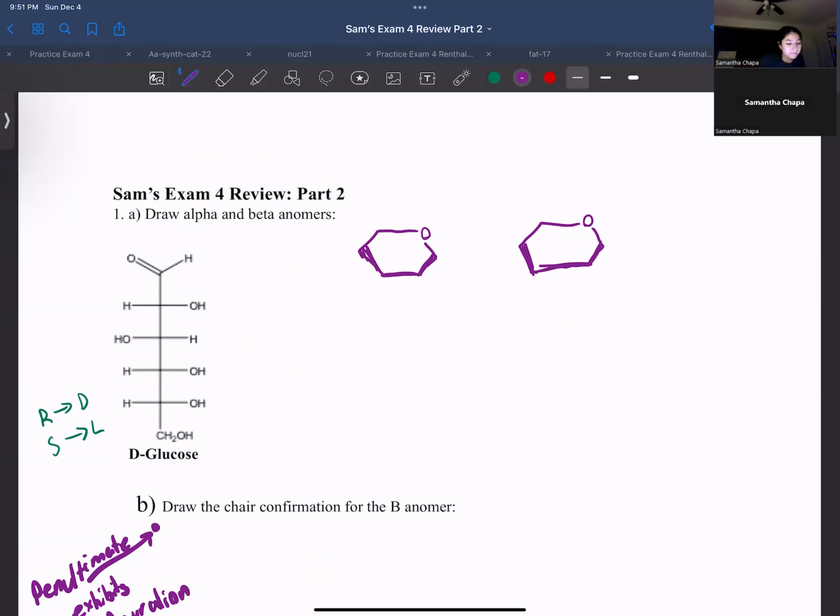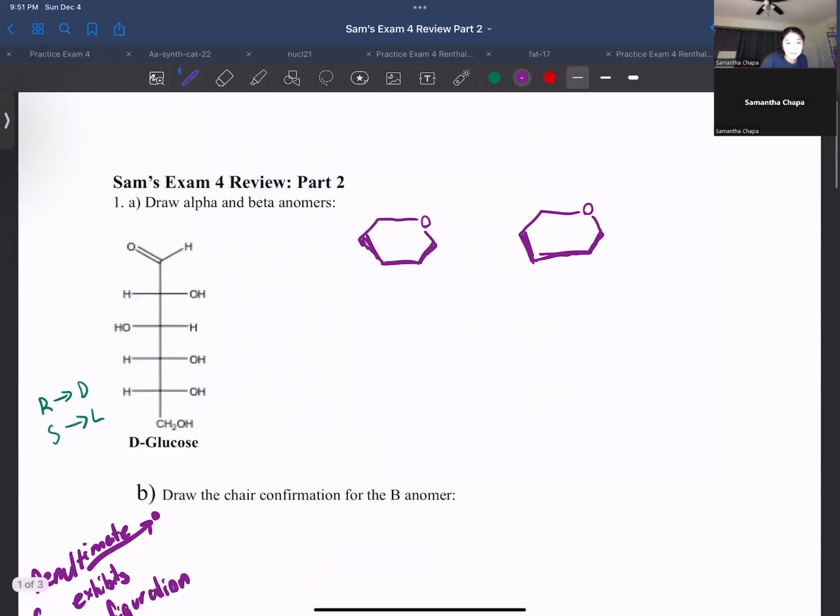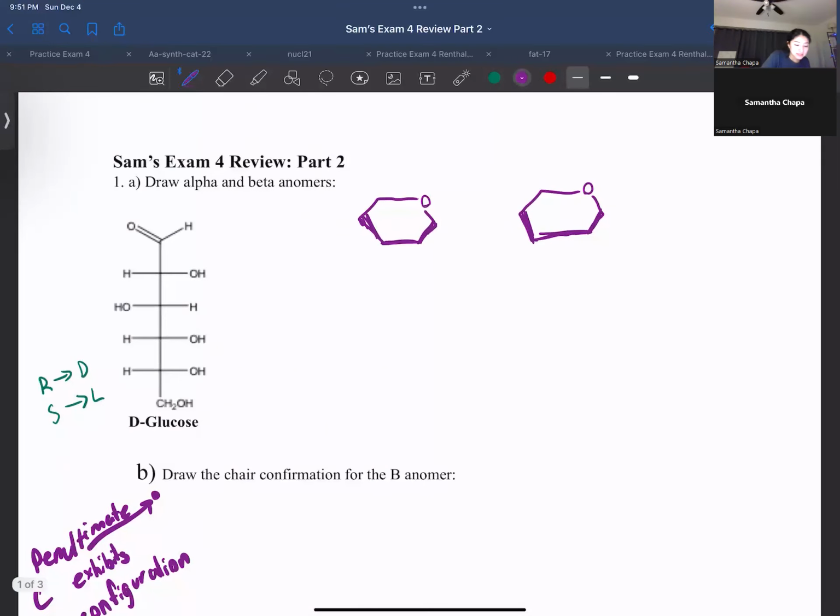We know that the penultimate carbon exhibits the R configuration, so it's a D-glucose, which means the terminal carbon, the one that I just circled, is going to go up. Another thing that you have to remember is that D is up and L is down. That tells you whether the terminal carbon is going to go up or down in the Haworth projection. Since we're D, we're going to go up.